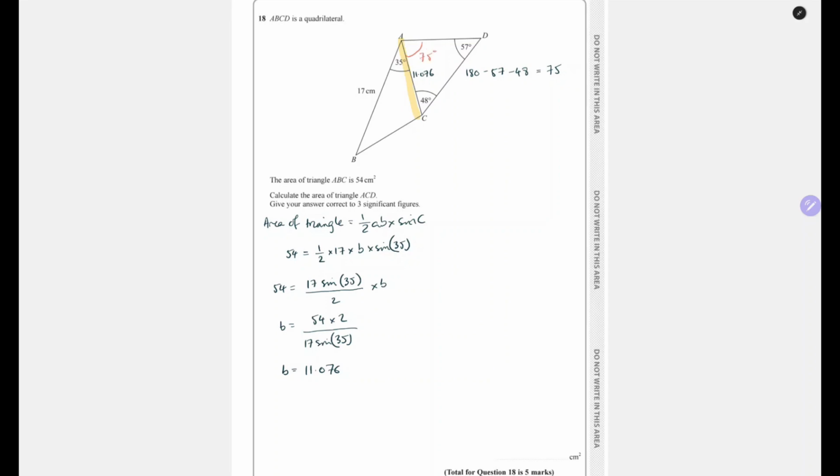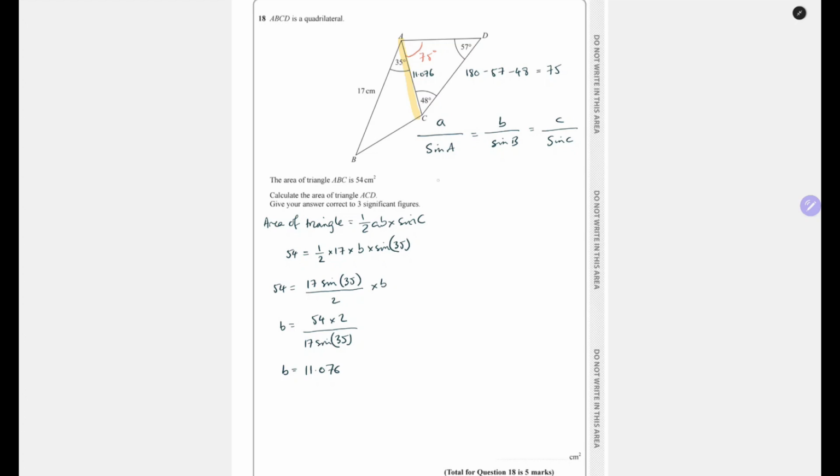Now the reason why we've done that is so that we can use the sine rule to work out the lengths of AD or DC. Now the sine rule is A over sine A is equal to B over sine B, which is equal to C over sine C. And so we can pick any one of our angles and the lengths, but we have one of the lengths of 11.076, so that's the one we're going to use.